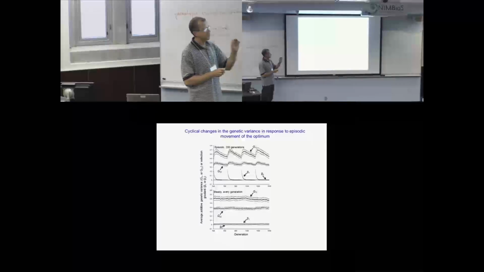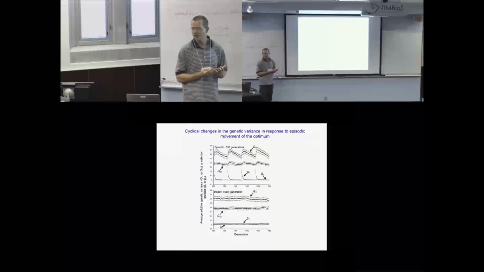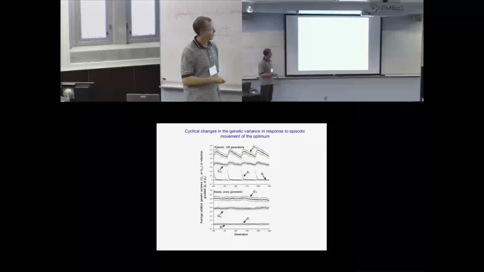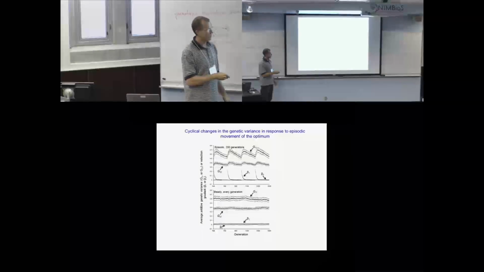This is a case where only the trait 1 optimum is moving, but you also see an effect on the genetic variance in trait 2, because all the loci are pleiotropic. Whenever the variance in trait 1 changes, that also has effects on trait 2. In contrast, for a steadily moving optimum, you just reach an equilibrium level of variation, and it stays at that forever. Beta stays about the same because you're almost always the same distance behind the optimum.